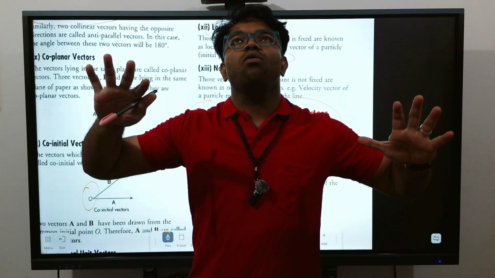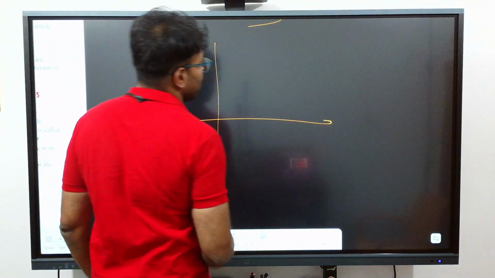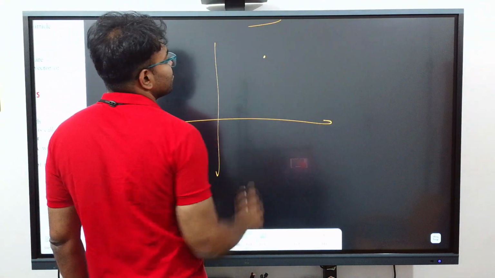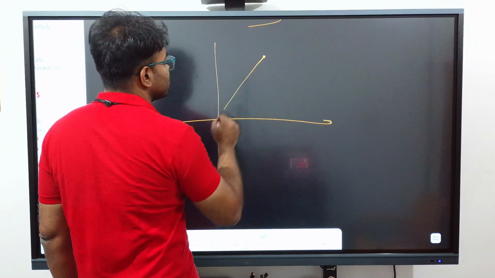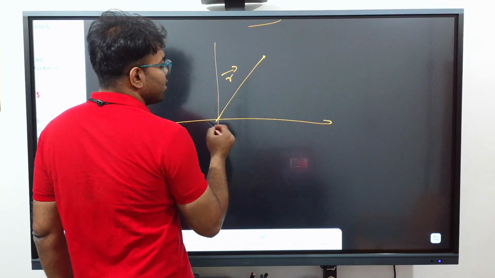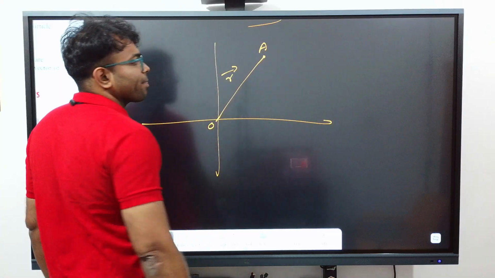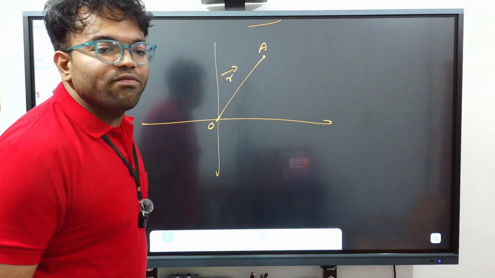If you have a point like this here, how far is this point from the origin? This is O, this is A. This OA is representing the position vector.